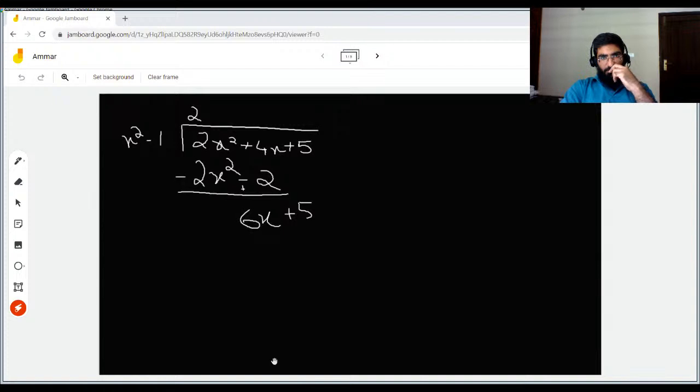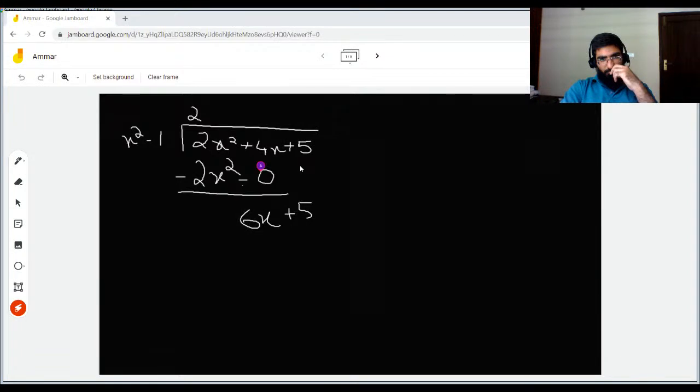You're solving 4 for 2x squared plus 4x plus 5 by x squared minus 1. If you multiply minus 1 with 2, what do you get? Minus 2. You write this minus 2 not below 4x, instead you write it where it belongs. Oh yeah, that's below 5.